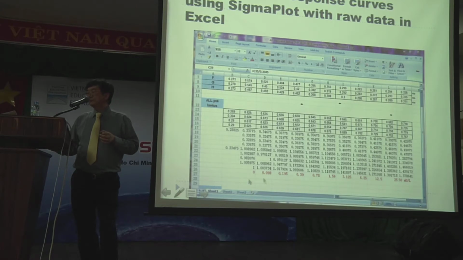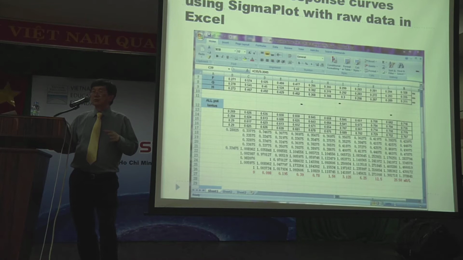So you've got the data arranged in this format, individual numbers at the individual positions representing the wells in the plate of the cell culture.